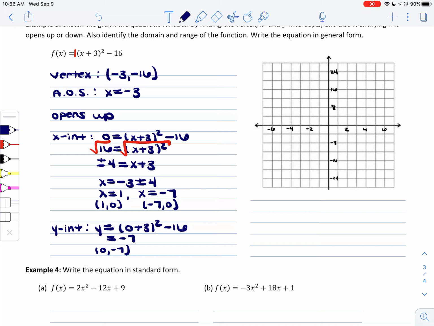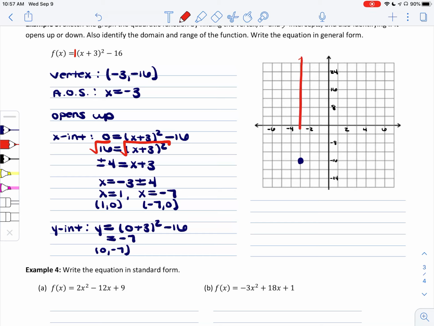All right, then just graph all of this. So notice on this one, my y-axis is counting by 4s and my x-axis is counting by 1s. I just counted by whatever I needed to fit my points on my graph. Doesn't really matter what you choose, as long as it's consistent and it fits. All right, so my vertex is at the point (-3, -16).